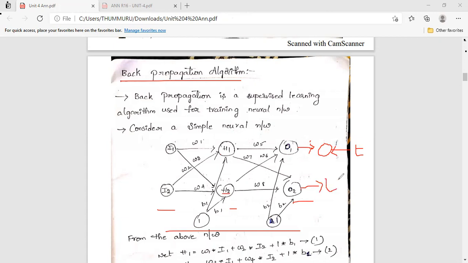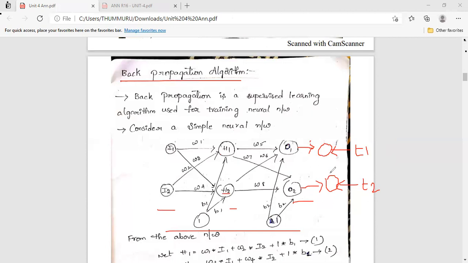Before calculating the error rate, first of all we need to assign some values to t1 and t2 here, which means target value 1 and target value 2. These two are the expected outcomes from this network. You should assign some values to this t1 and t2.